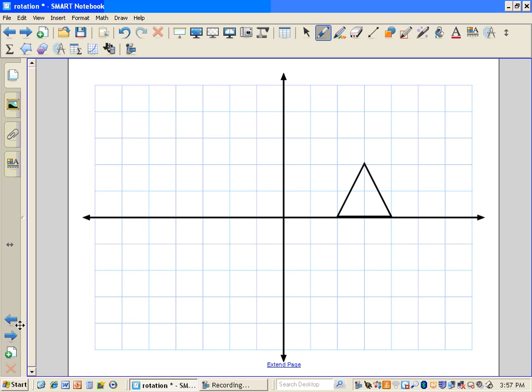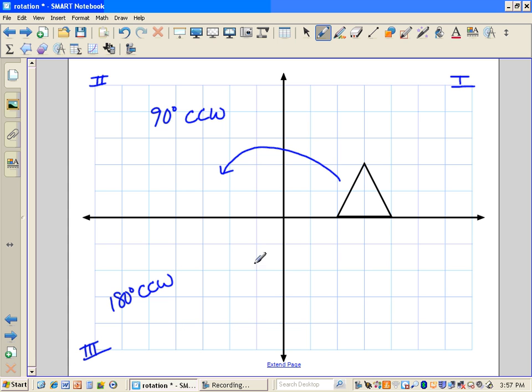So if we look at the next slide, if we start here in quadrant number 1, this is quadrant 2, a 90-degree rotation would be over here. This would be 90 degrees counterclockwise. Down here, quadrant 3 would be a 180-degree counterclockwise rotation.